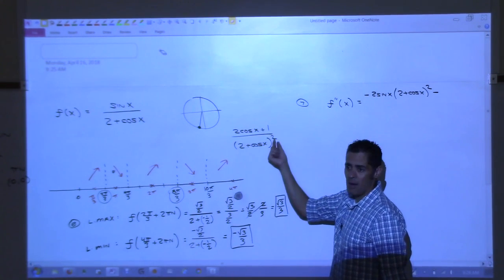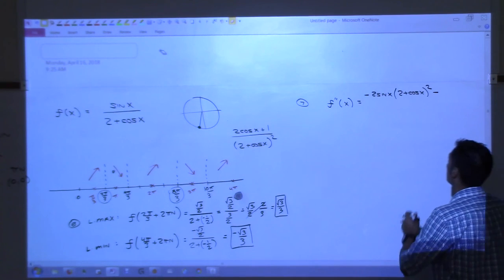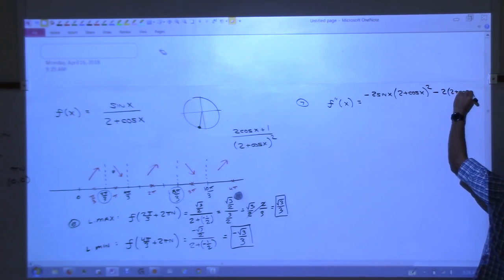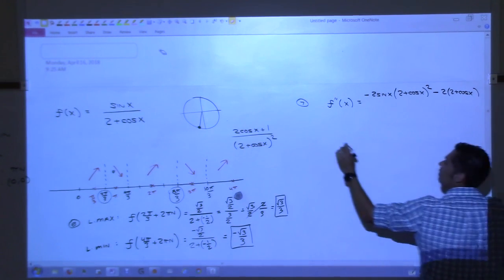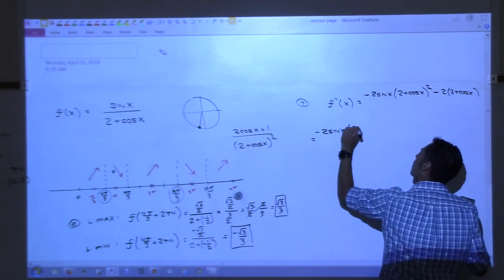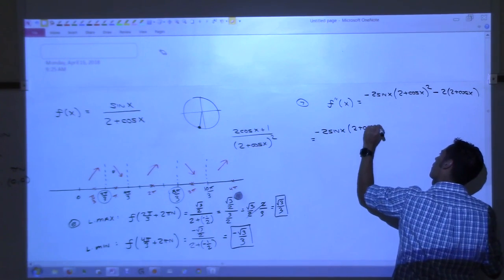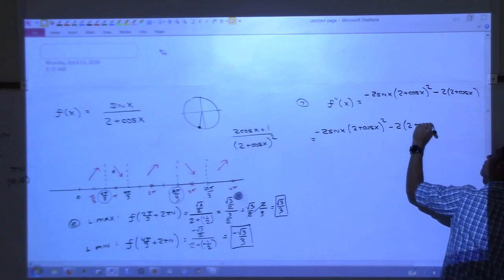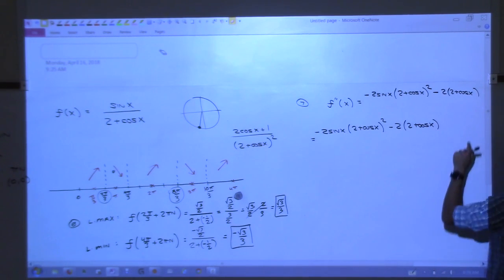You got something to a power, so you drop the 2 out first. 2 times 2 plus cosine x to the first power. I'm going to rewrite this here because I'm going to run out of room. Okay, to the first power because I brought the 2 down.